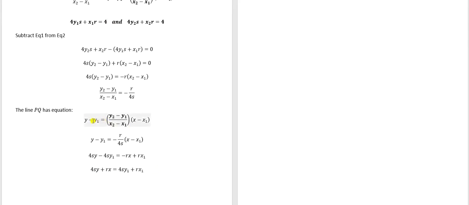And if we decided, for whatever reason, to use x2 and y2 over here, we could then just go back and use this equation. So now we can say 4sy1 plus rx1 equals 4. Therefore, 4sy plus rx equals something which is equal to 4. And that is the result they asked us to prove.